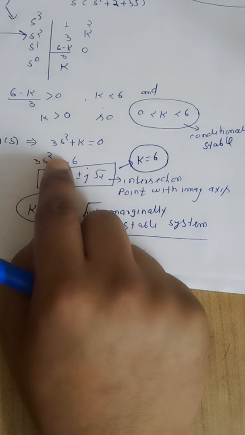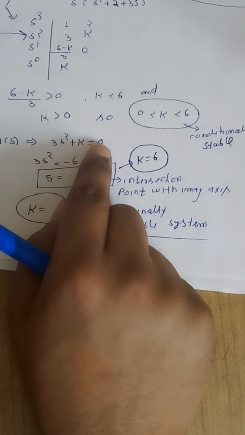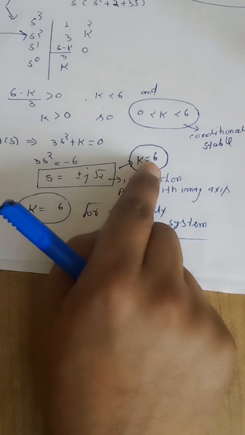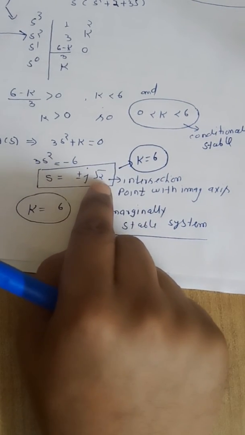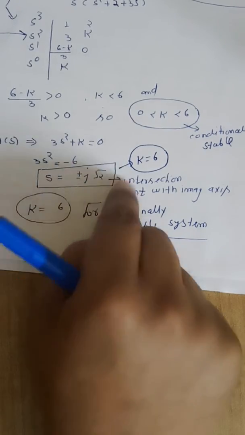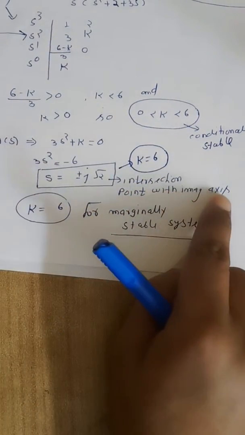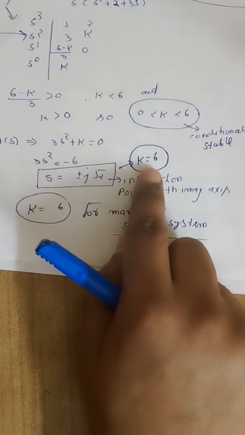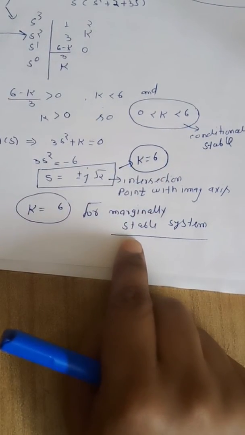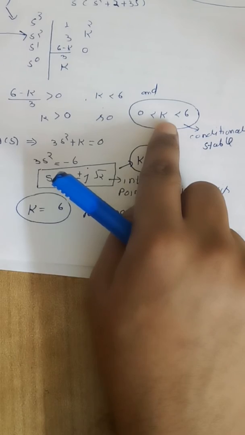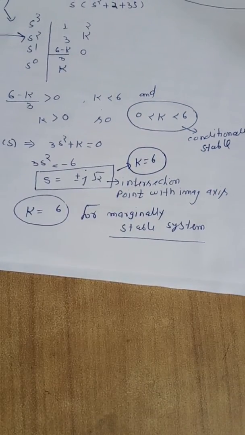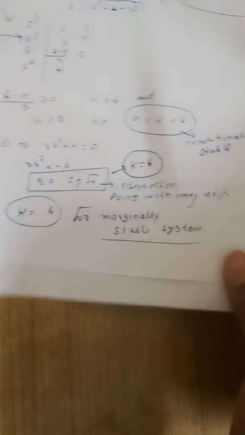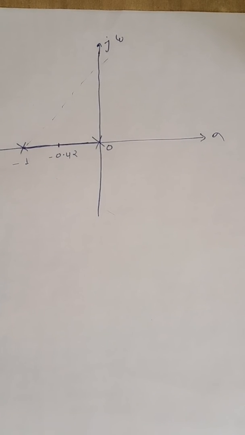So we have 3s square plus k equal to 0. k की value 6 है, already हमें पता है, तो s की value आएगी plus minus j root 2. This is the value of the intersection point with the imaginary axis. और यहाँ पर k कितना होगा 6 और system कौन सा होगा marginally stable. जब k की value 6 से ज़्यादा होगी तब system क्या होगा हमारा unstable. Now let us see how to draw the plot.